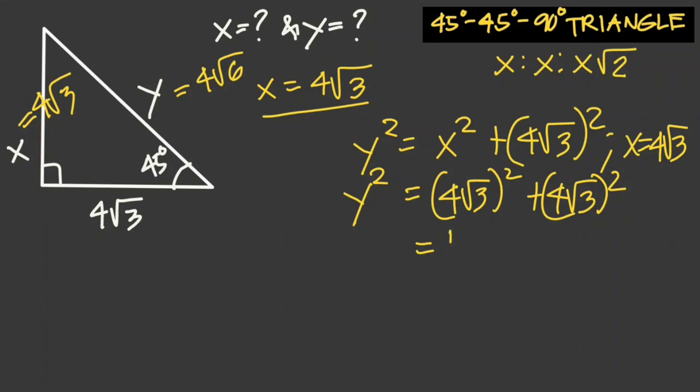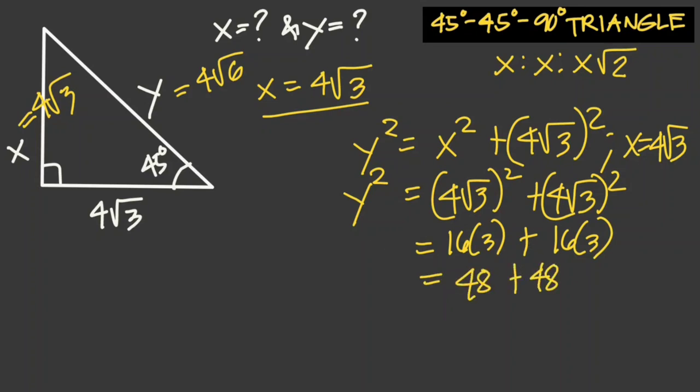So this is 16 times 3 plus 16 times 3. 16 times 3, okay, that is 48. So 48 plus 48 is just 96. Then we get the square root of that.